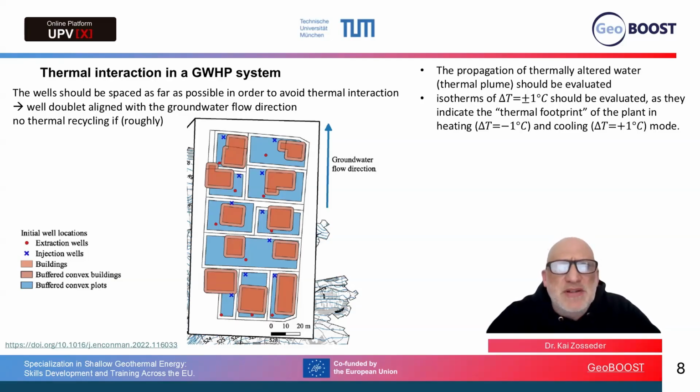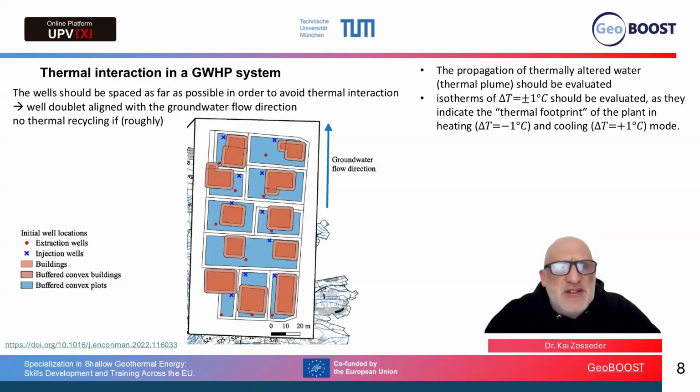You want to implement a groundwater heat pump, and here you see the production well with red dots, and the injection well needs a specific distance. Of course, you have to place the injection well in the groundwater flow direction, so that the thermal plume flows away and not directly to the production well.